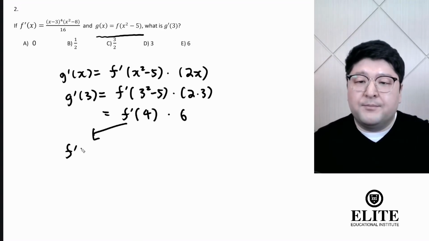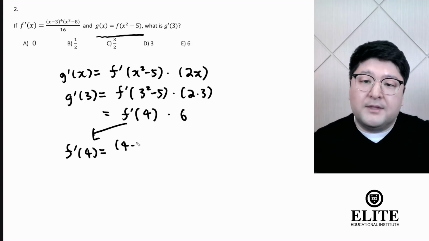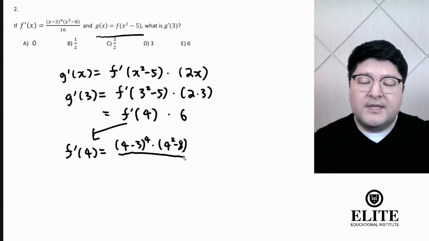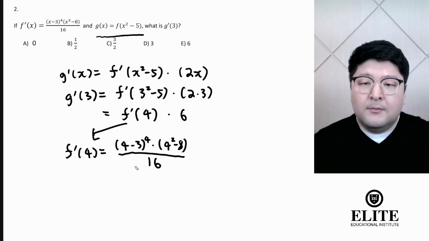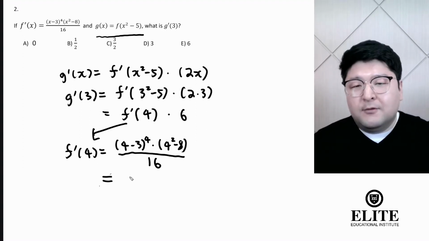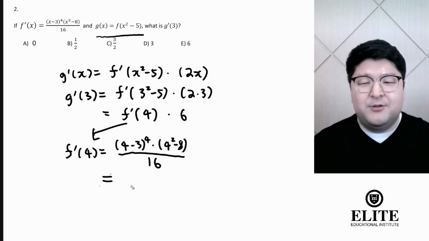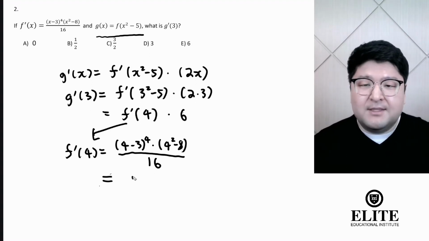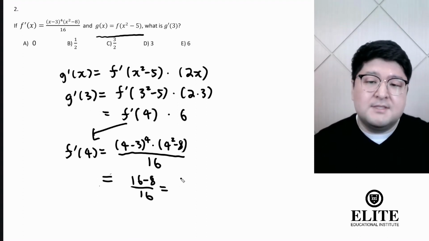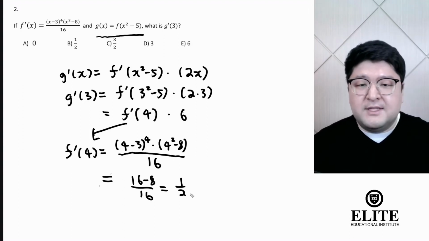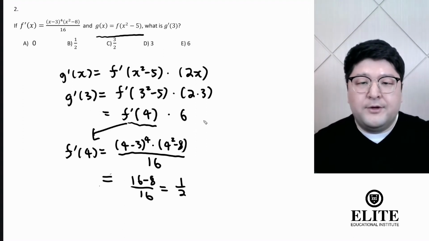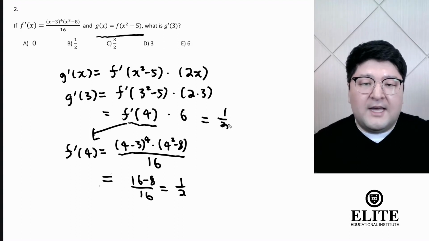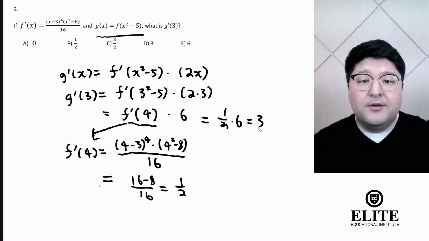We have (4 minus 3) to the 4th power times (4 squared minus 8), divided by 16. 4 minus 3 is just 1, and 1 to the 4th power is just 1. So we have 16 minus 8 divided by 16, which is 8 over 16, giving us 1/2. Now we plug this 1/2 in for f prime of 4, giving us 1/2 times 6. So our answer will be 3.